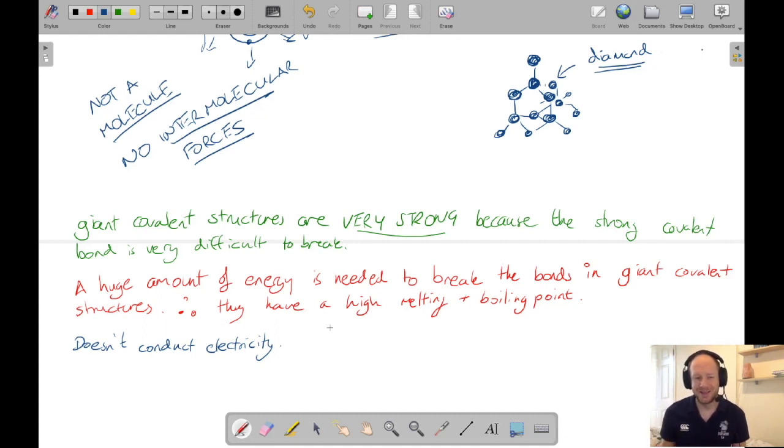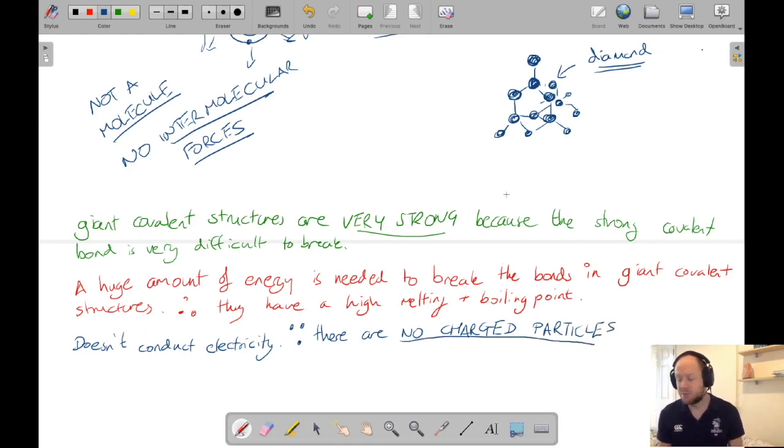It's because there are no charged particles, and if there are no charged particles, we can't get a movement of charge. So this is great for diamond and most other giant covalent substances.